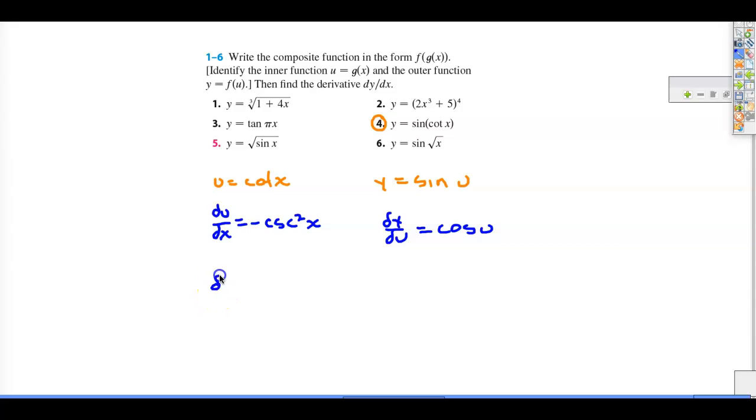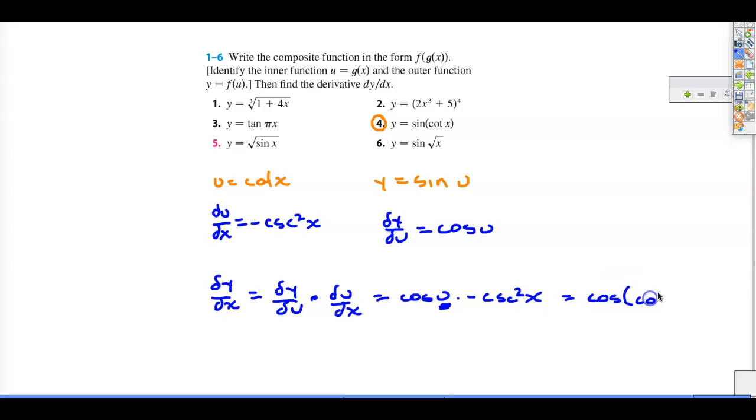So when we find dy dx, we have dy du times du dx, which is going to be a cosine u times a minus cosecant squared x, but you have to replace u back, and so you're going to get cosine.